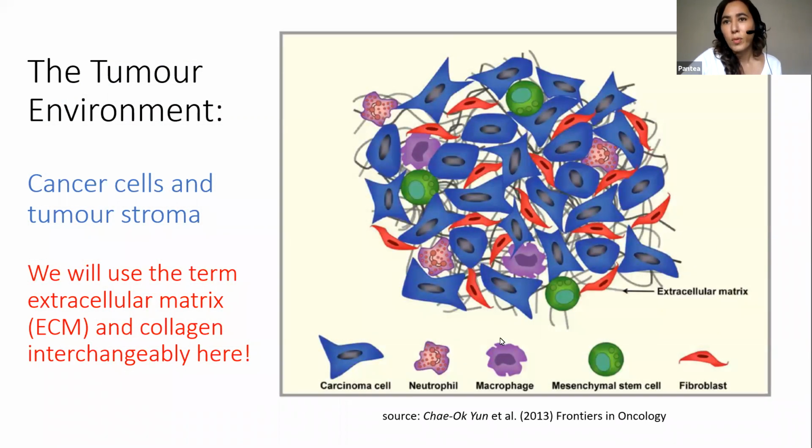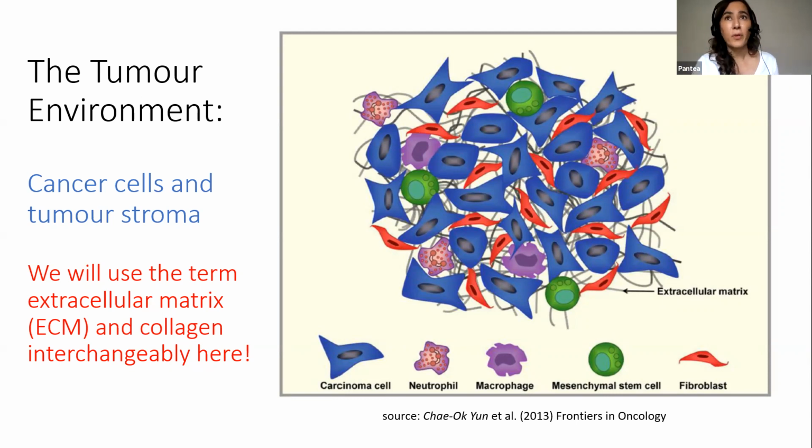So the tumor stroma is made up of these non-cancerous cells, so cells such as macrophages and fibroblasts. And this sort of gray wiry matter that you see in the background, this is known as the extracellular matrix, or the ECM. So the ECM gives a real support to the tumor as a whole.